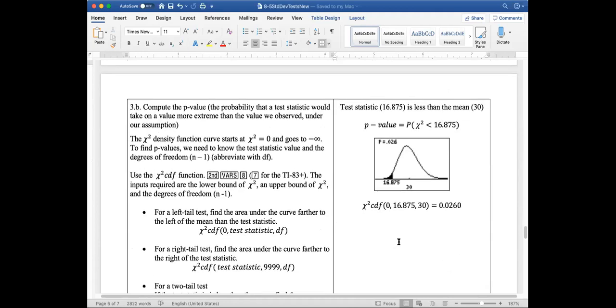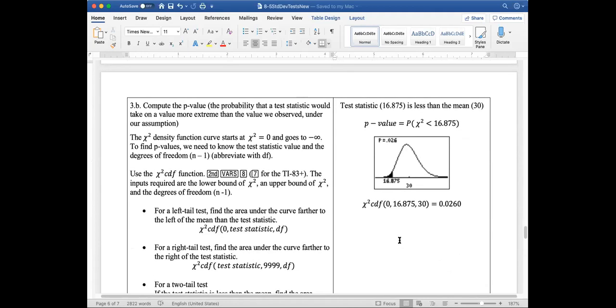Then we go to the p-value approach and look at finding the p-value. Remember, we want the area underneath the curve farther from the mean than the test statistic. So since it's to the left of the mean, we want the area to the left of the test statistic, which means it starts at 0, since the chi-squared distribution starts at 0, and comes up to 16.875.